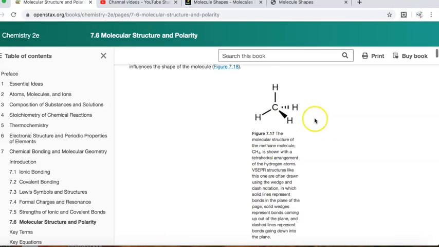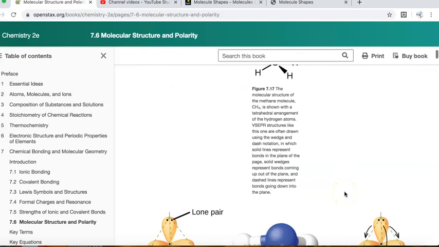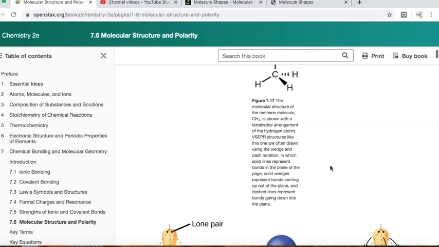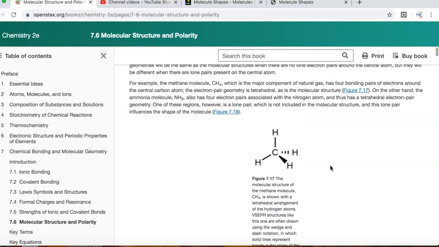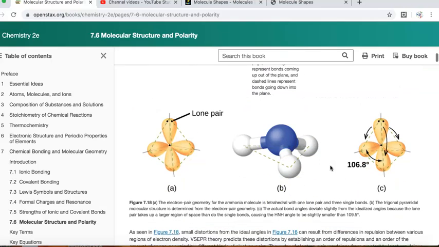So here we see an example of methane, CH4. It has electron pair geometry of tetrahedral. It has 4 electron pairs. It has no lone pairs on the central atom. So its electron pair geometry and molecular structure are the same: tetrahedral.